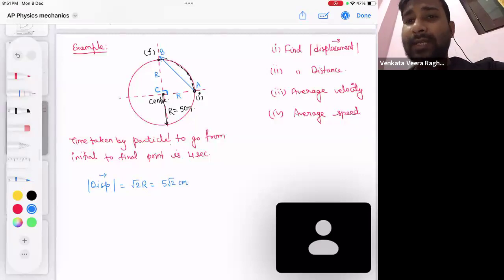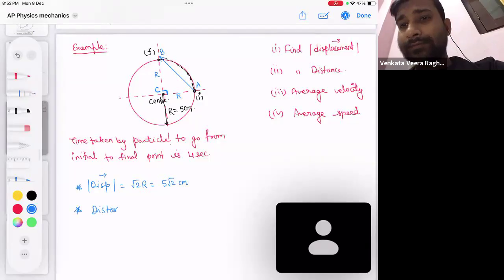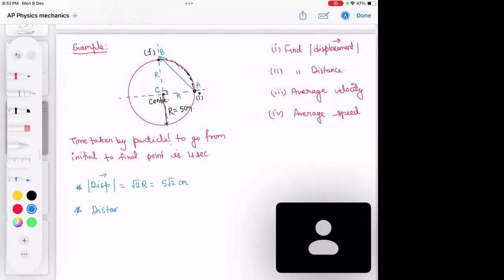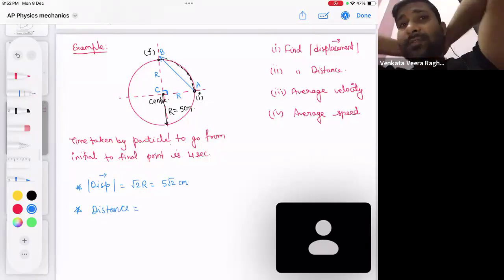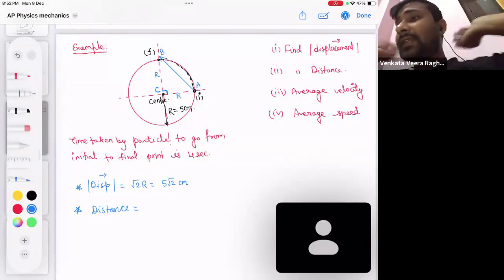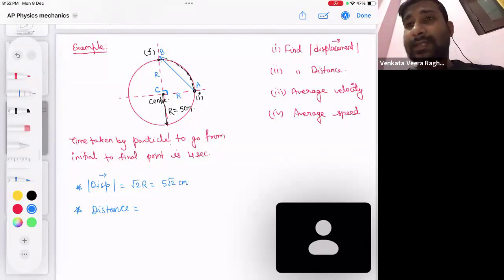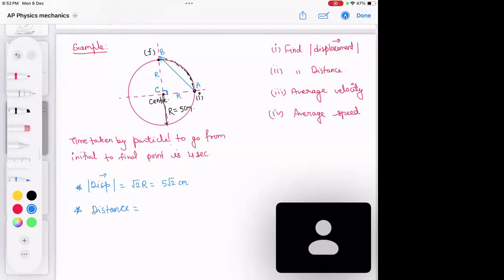Now please tell me, what is the distance? Tell me, does distance depend on the path or not? Yes, sir. What path did the particle follow? Along the circumference.